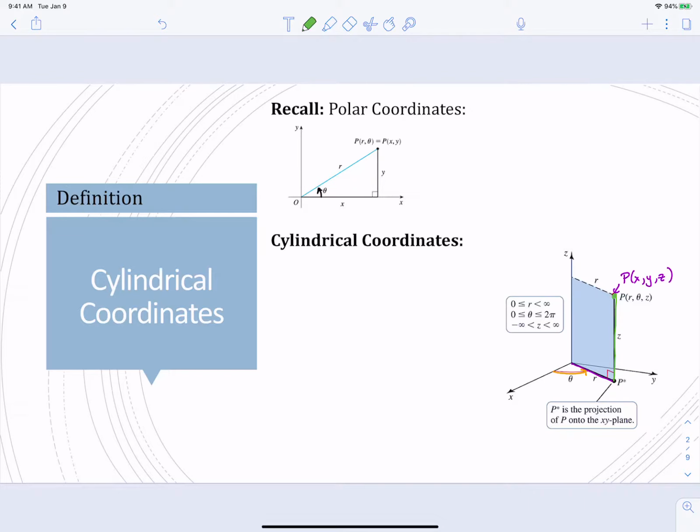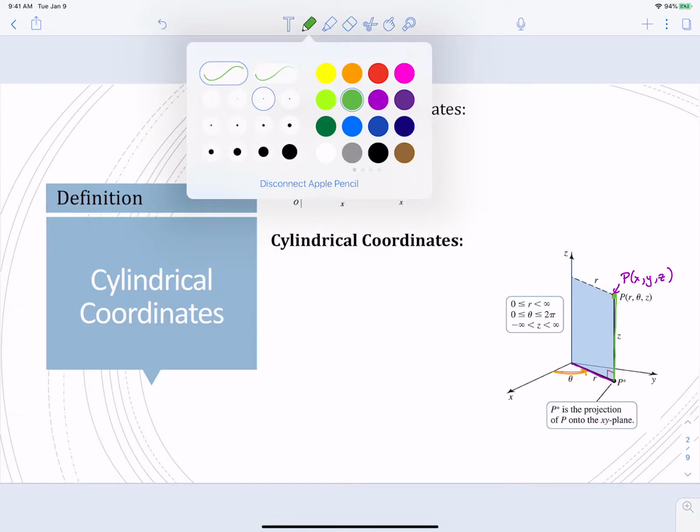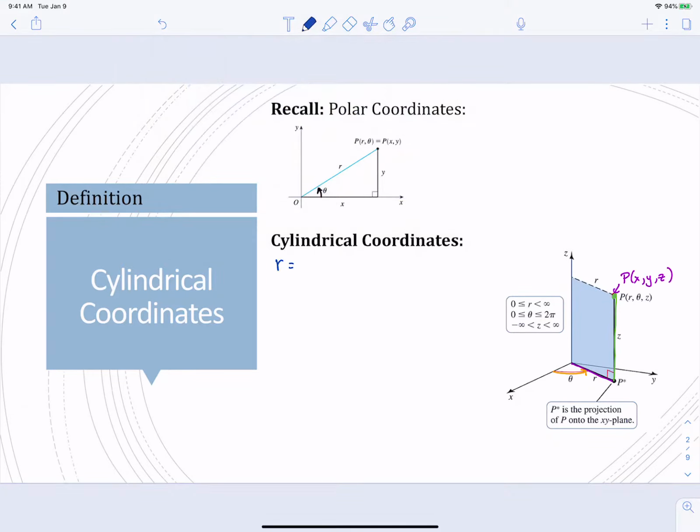So let's sum that up over here. r is our distance from, we sometimes say it's from the z-axis, but you could also say that it's the distance from the origin, kind of same thing.